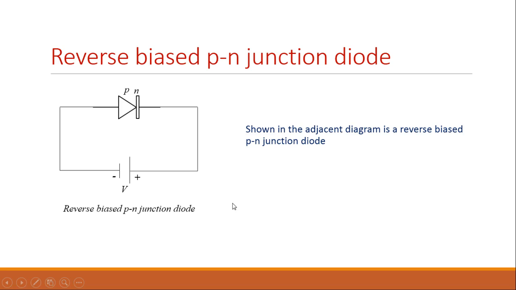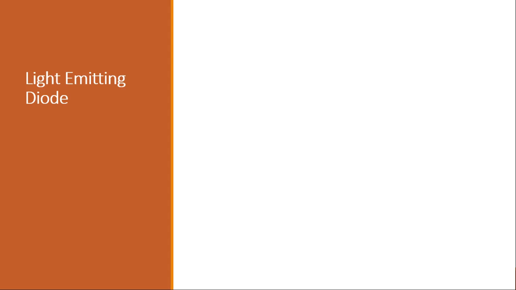Or in more specific terms we can define it as when the external bias is applied in such a way that the negative terminal of the bias is connected to P region, the positive terminal is connected to N region, such that the external bias adds up to the internal potential V0, then the PN junction diode is said to be reverse biased. We are going to dwell more upon this forward biased and reverse biased PN junctions in the later videos.